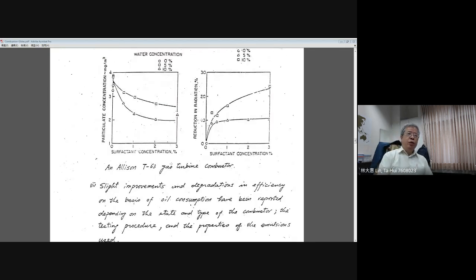Micro explosion is good for the mixing, but the main addition for the micro explosion is basically coming from the water, which is inert for combustion, and it will absorb heat from the overall heat balance. Then you realize you cannot add water too much. If you add water too much, it exceeds our experience. Usually in the literature, people always mention 20% water mixed with the fuel is the maximum percentage.